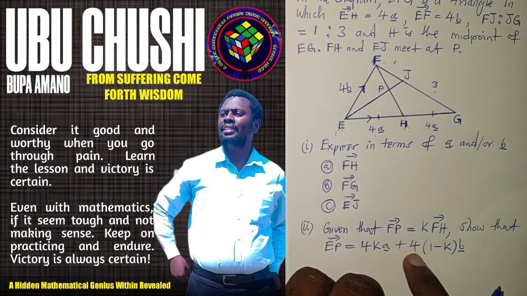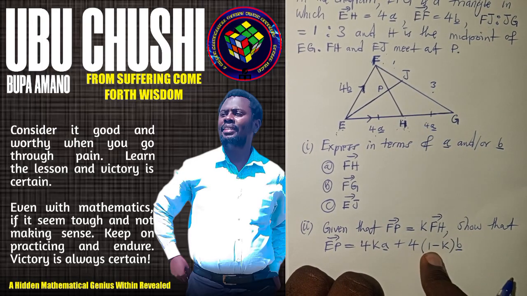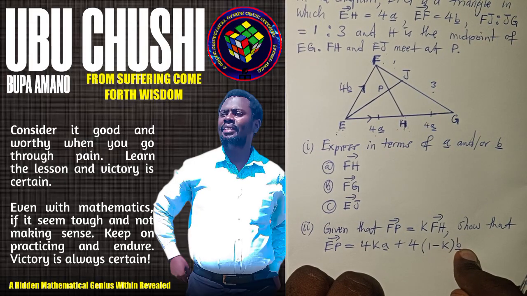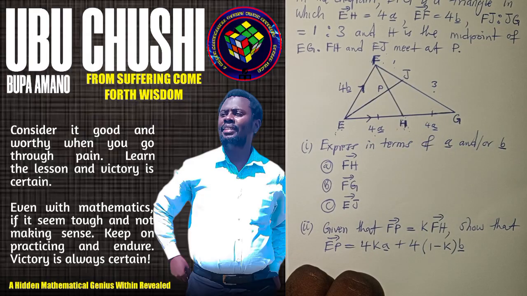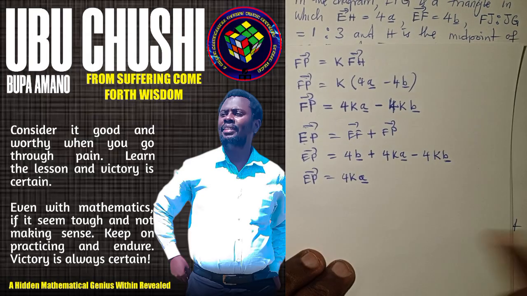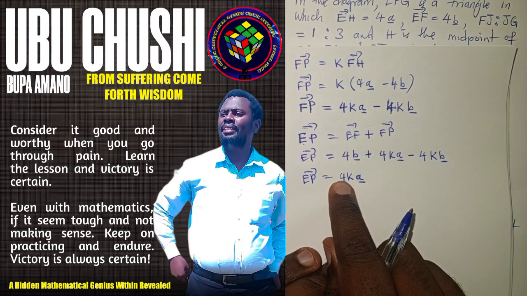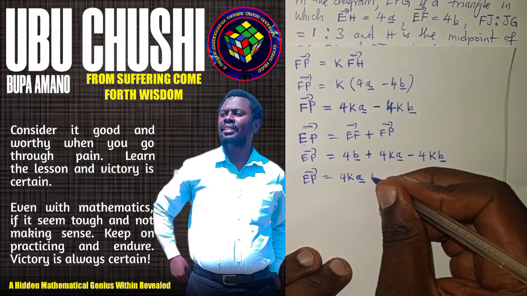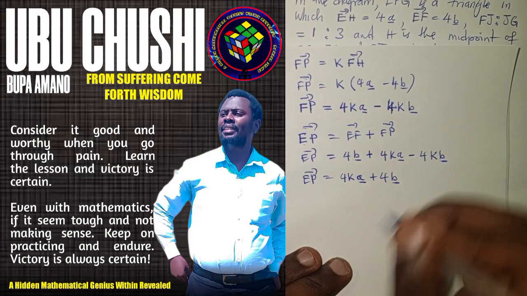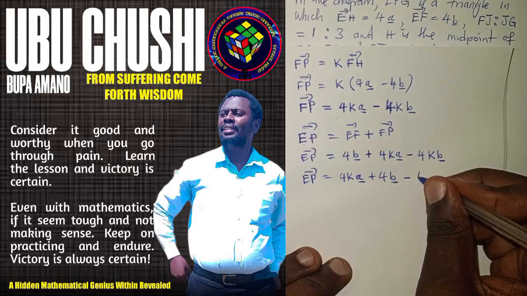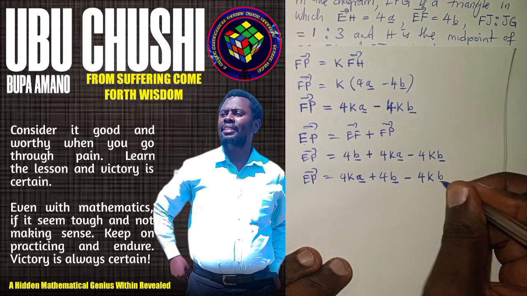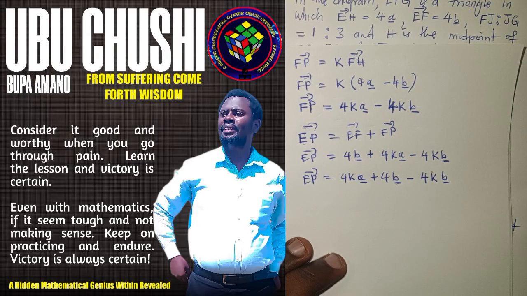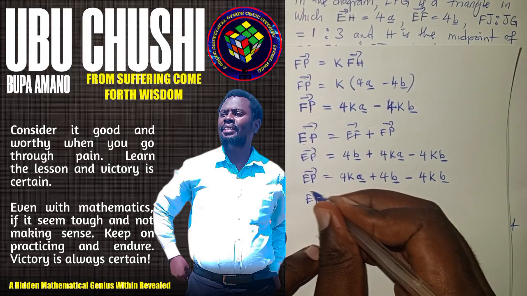If you expand this, it will be 4 multiplied by 1, you get 4, and 4 multiplied by vector B, it will be 4 vector B. So that should be next. So here we have 4k vector A, then we can follow with this, that is plus 4 vector B, then minus 4k vector B.